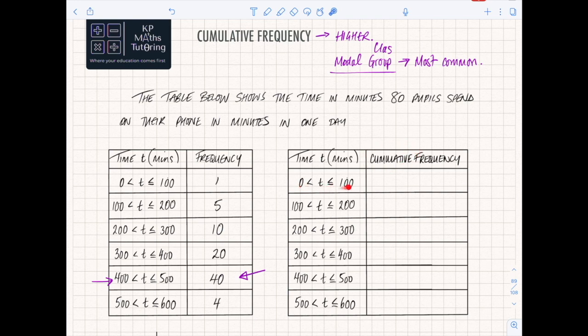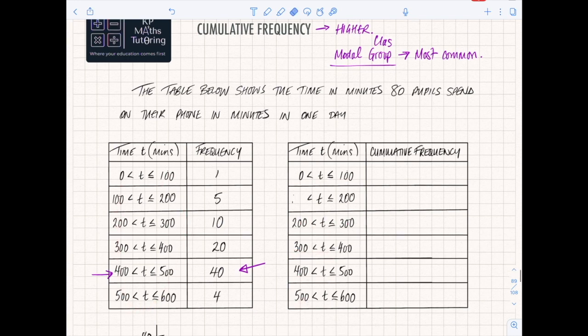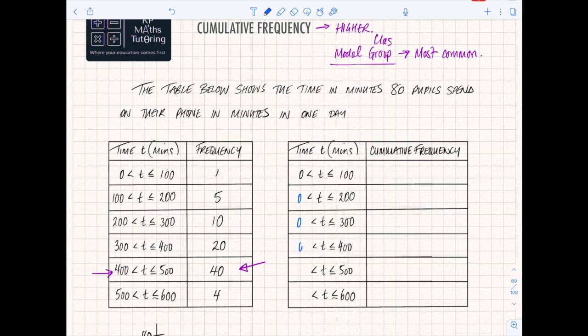Now, what you notice is I've kept these groups the same here, okay, as they are here, but we're actually going to change them because in a cumulative frequency table, each one of these will start from the initial value, and the initial value is 0. Okay, and I'll show you why that works. So this group here is between 0 and 100, so we know there's one person between 0 and 100.